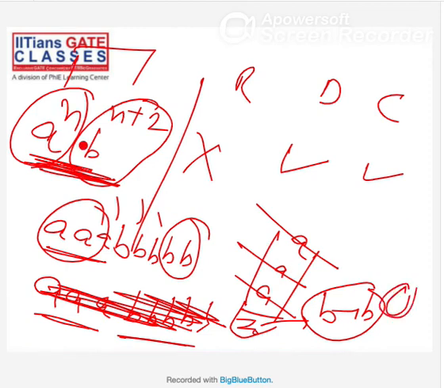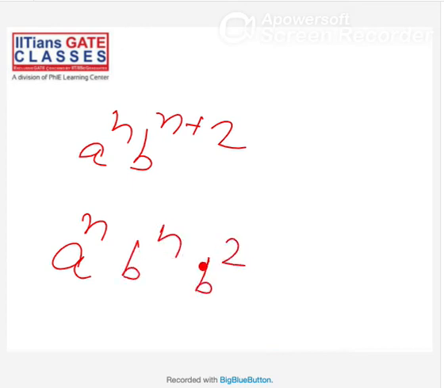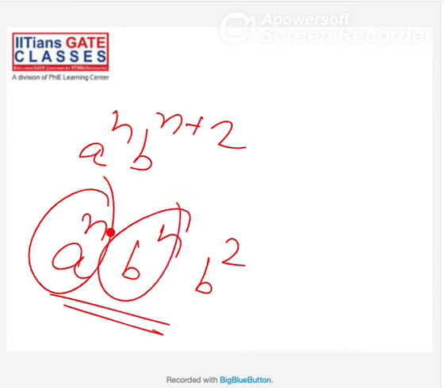What I'm saying is, A power n, B power n plus 2 is nothing but A power n, B power n, B power 2. So you need to match A power n with B power n.